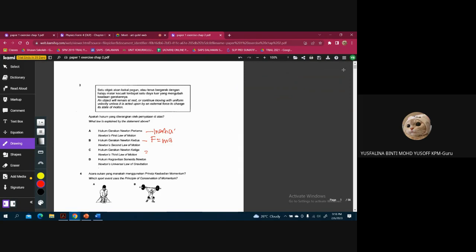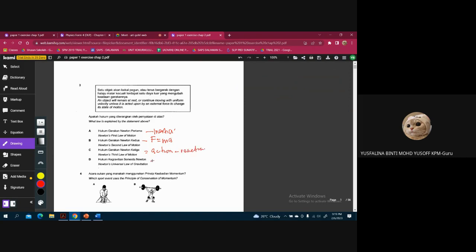Same as a rocket: when the combustion occurs, the heat comes out downwards, but there is a force acting upward, so that's why the rocket can move upward. That is also Newton's third law. So this is action and reaction.